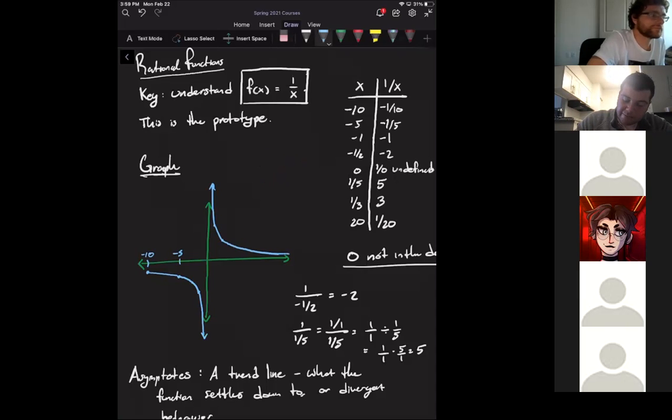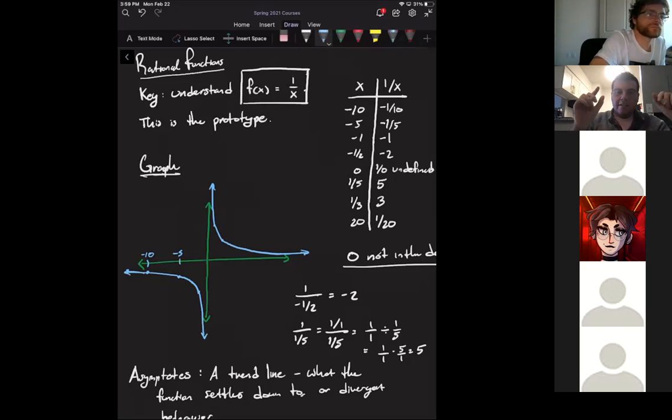All right, and then when we're moving out for the end behavior, our function starts to approach 0. That's because when we take 1 and divide it by a big number, like in elementary or middle school math, you can think of it as cutting a pizza into a lot of even-sized slices.